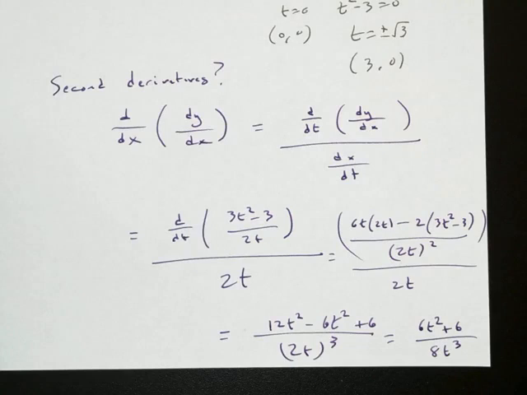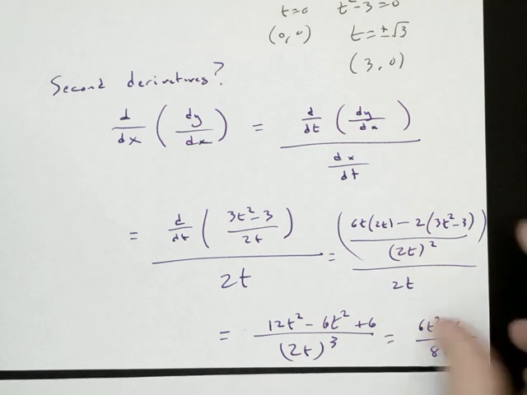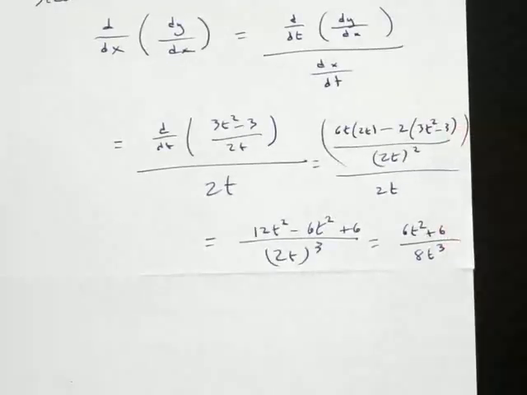Please notice, where do we change concavity? I need to know where that's 0 or undefined. It's 0 when the top is 0. When is the top 0? Maybe the top part, 3t squared minus 3, is 0.